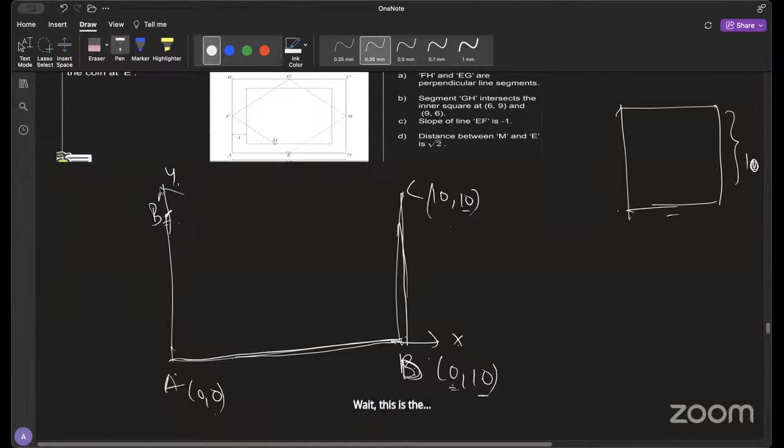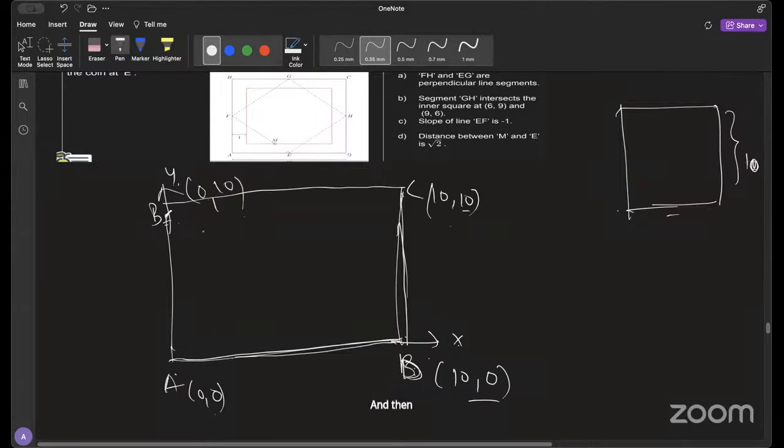Y varies here and X is 0. This should be 0, 10. And in this one, 10, 0. X increases and Y remains constant at 0. Okay.